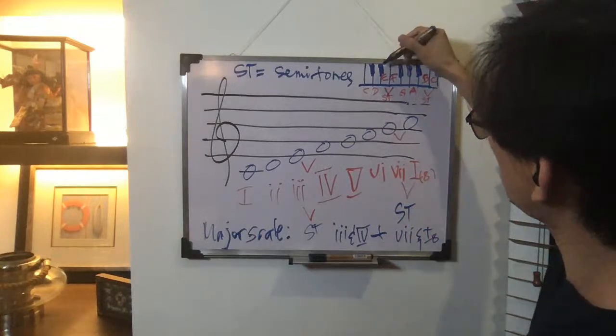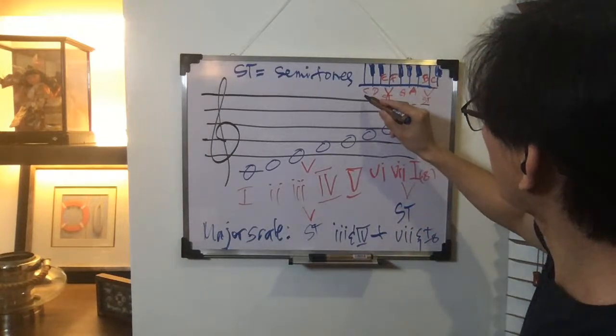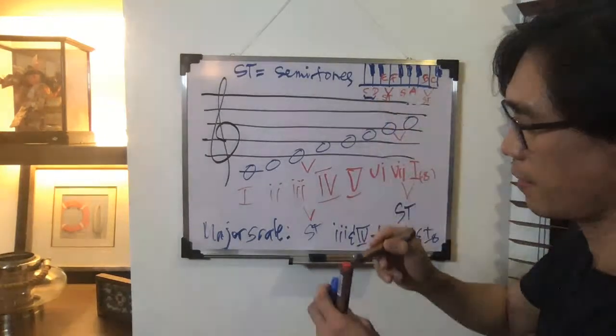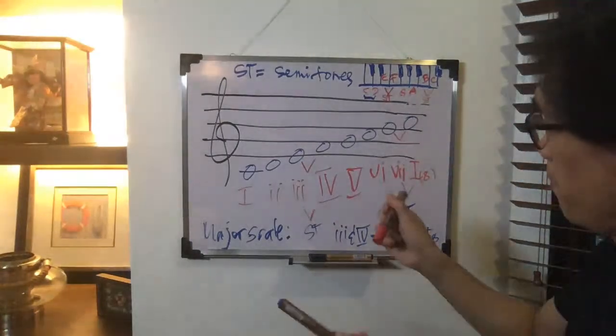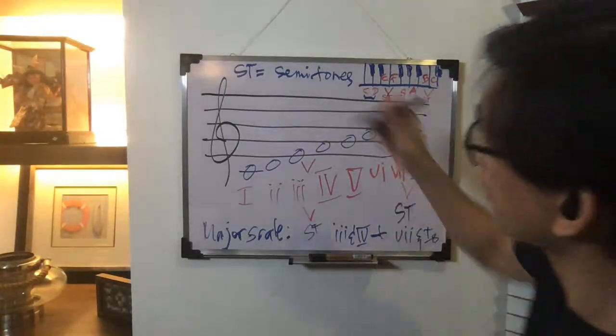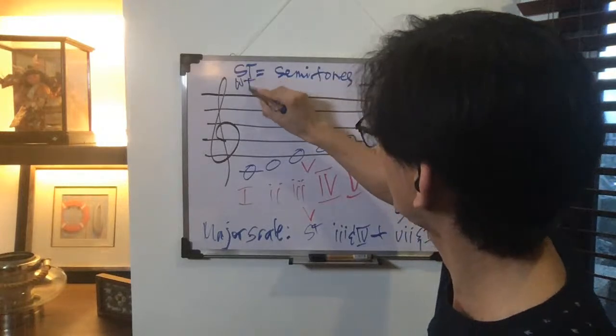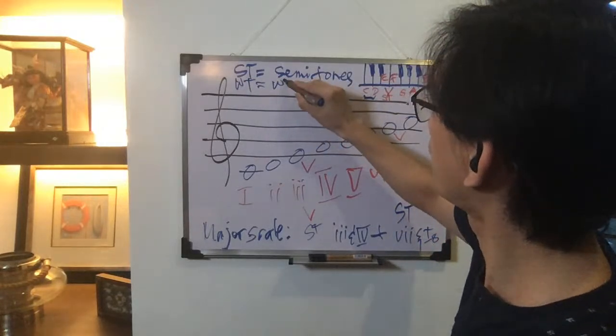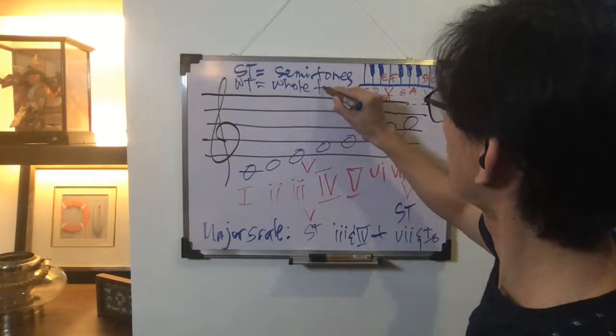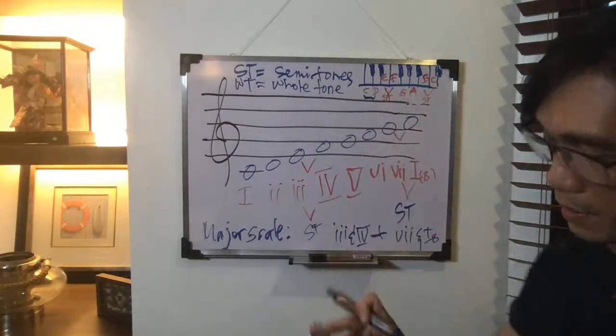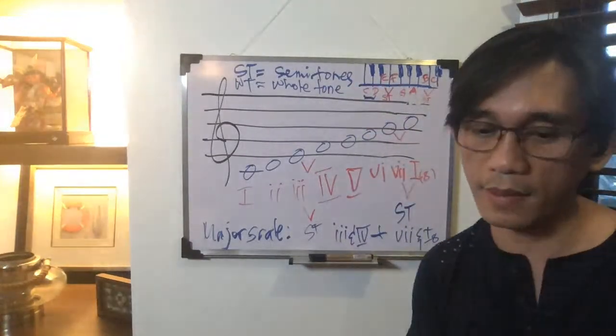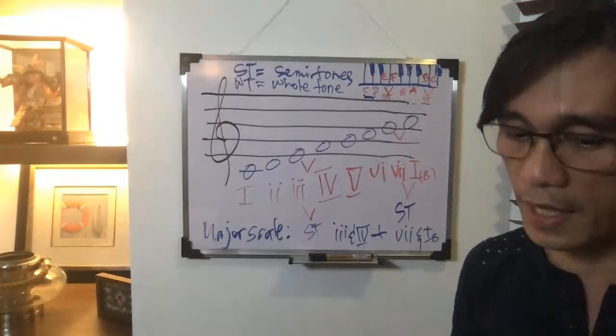If there's a black key in between, like C and D, then we call them whole tone. So a whole tone consists of two semitones.